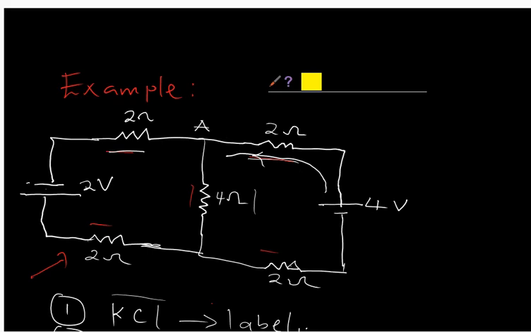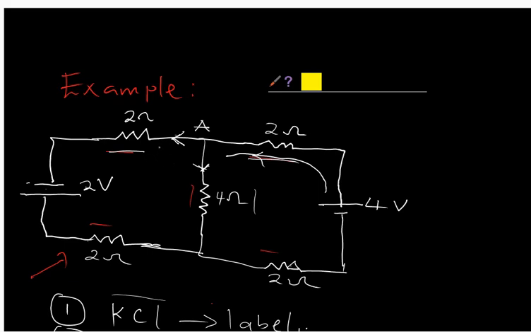I'm going to apply KCL at this junction A. Current reaches this particular junction, it branches and passes through the 2 ohm resistor, and it branches again. Now remember KCL says that the algebraic sum of the current entering a junction is equal to the algebraic sum of the current leaving the junction.